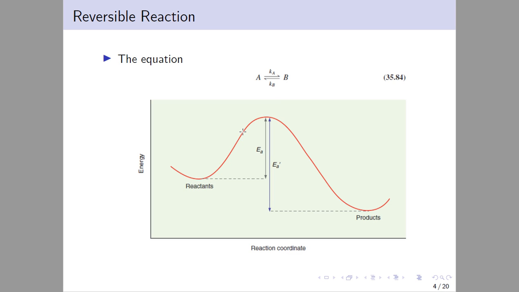If the reactant is in the metastable state only at this point, it will still act as reactant, not a product. But if the metastable state is at this point, it can be reactant or product, depending on whether it can move to this side. This is the reaction coordinate.